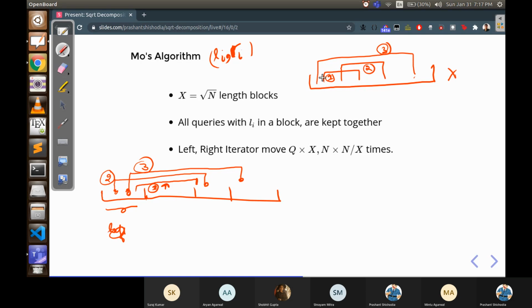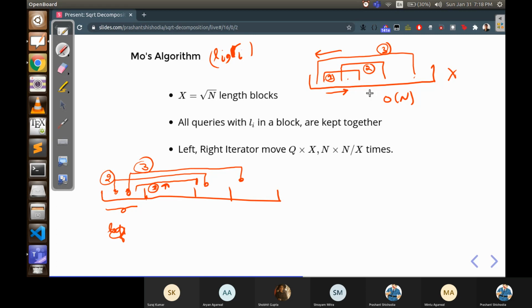Because the right end is sorted, I'll only increase my right pointer. I will never decrease it. And for any two queries, I can either increase or decrease my left pointer: when I go from 1 to 2, I'll have to increase my left pointer, but when I go from 2 to 3, I'll have to decrease my left pointer.